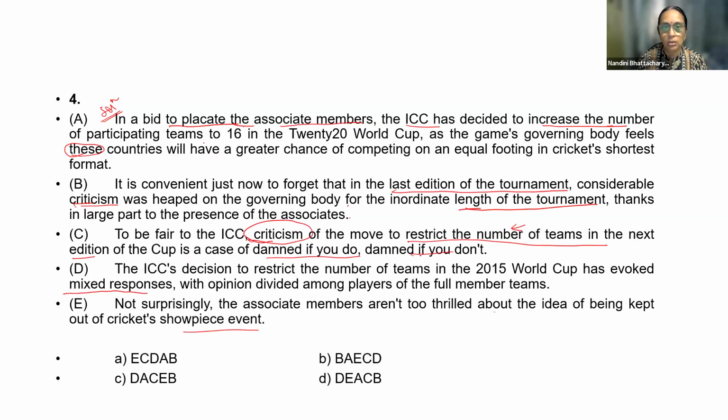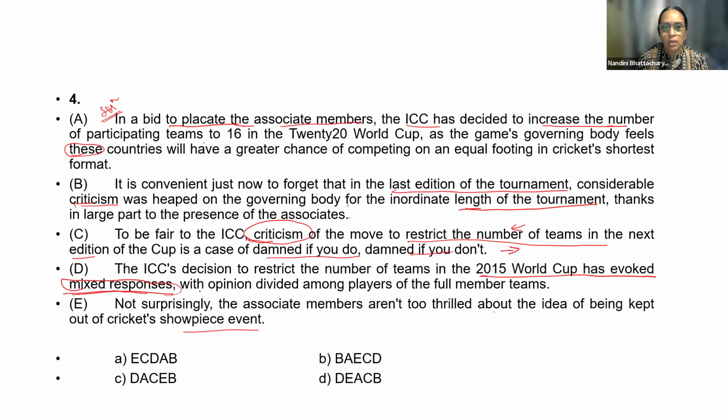And it also goes on to say that whether you restrict or don't restrict, you will be criticized. Yeah. Now, if you look at D, ICC's decision to restrict number of teams in 2015 World Cup has evoked mixed responses. So this is talking about mixed responses.